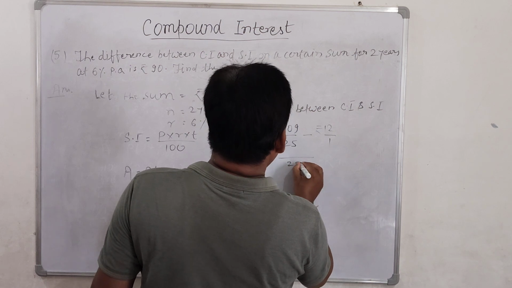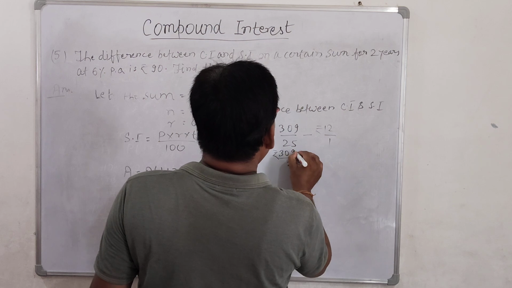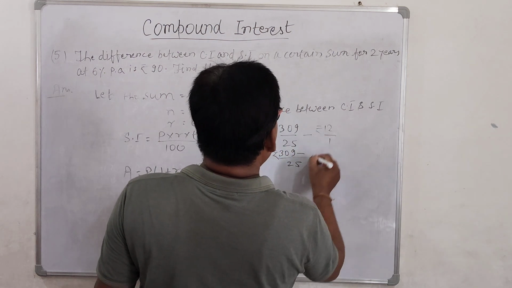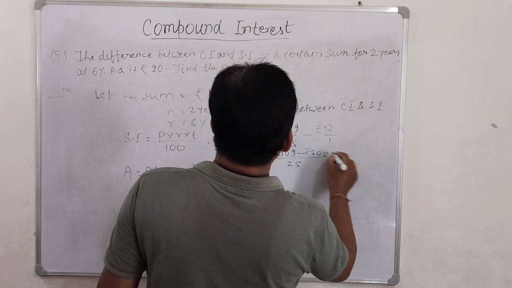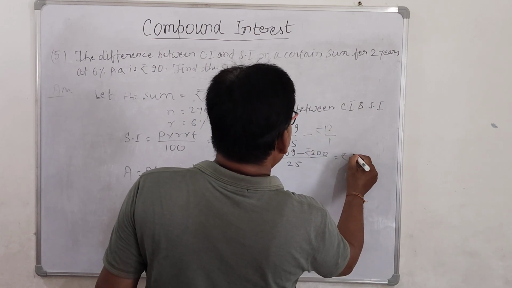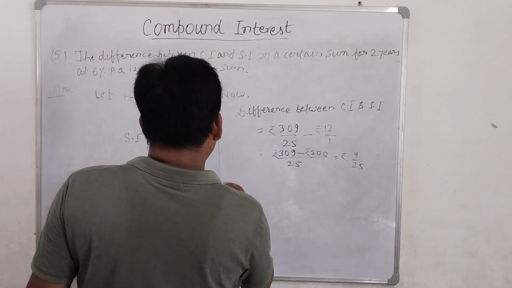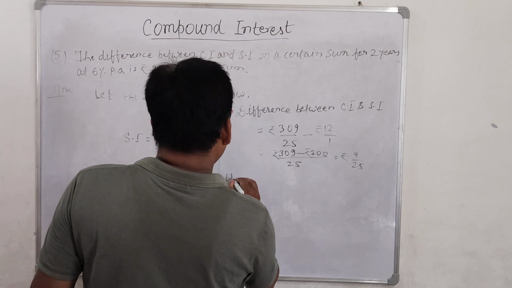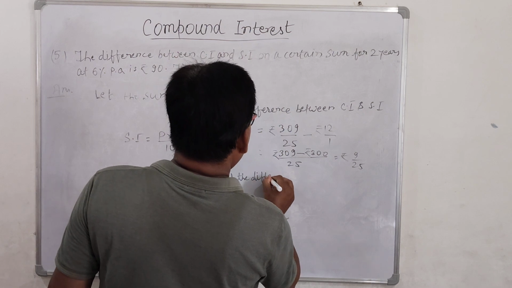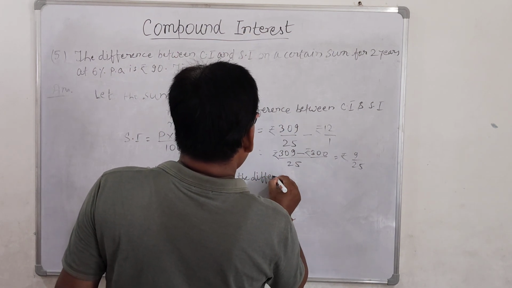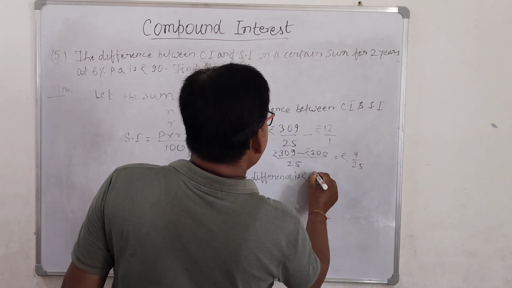The LCM will be 25: 309 minus 25 multiplied by 12, that is 300, and the difference here is rupees 9 upon 25. So the difference is rupees 9 by 25.